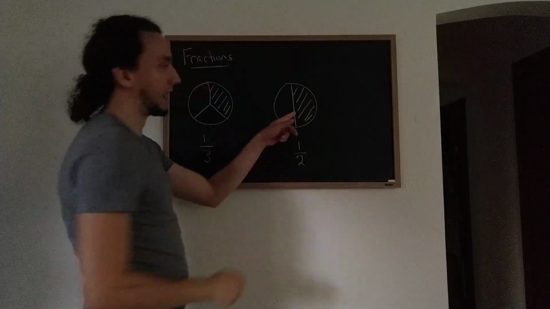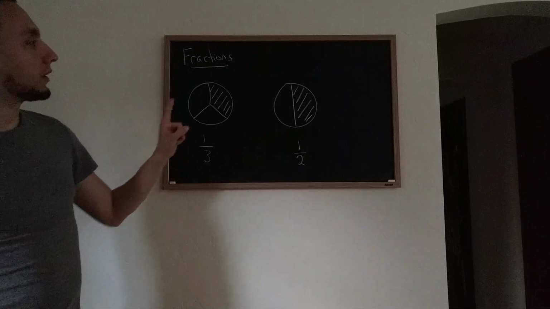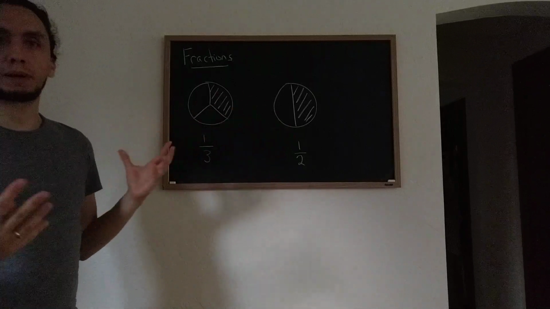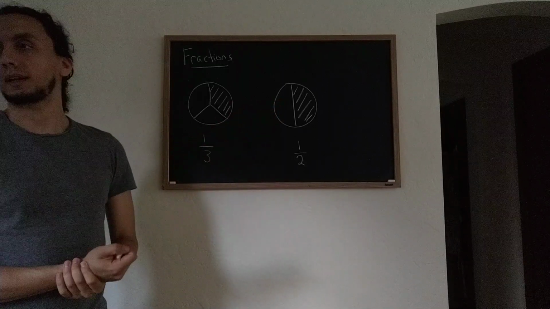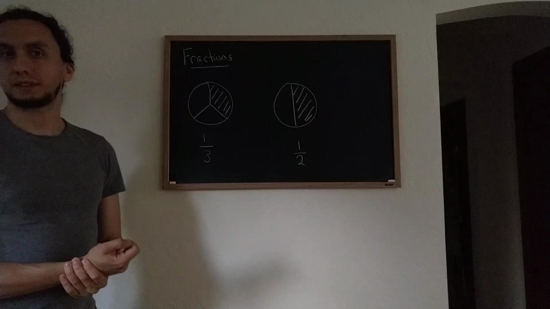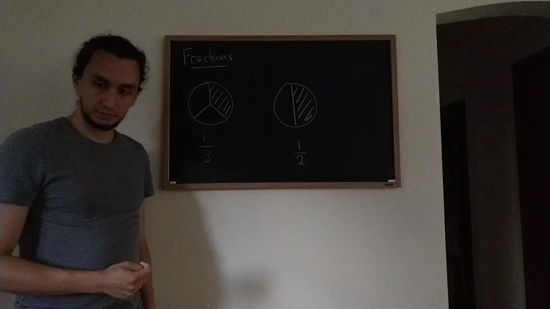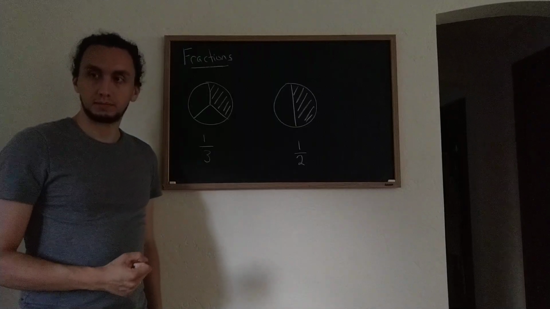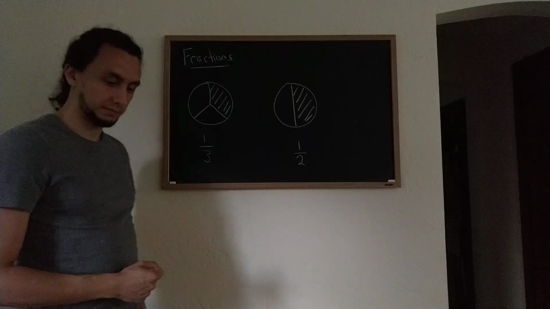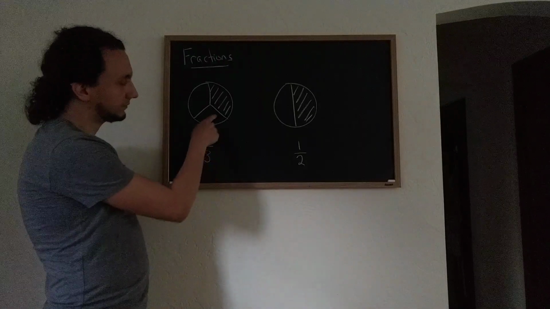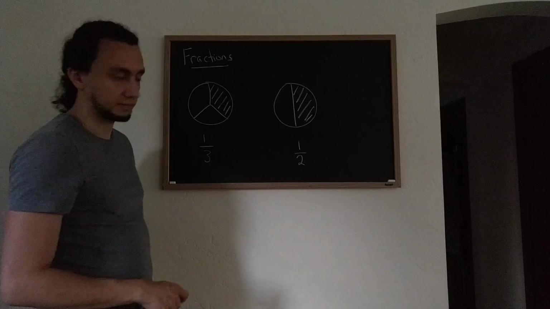Okay, now I have a question. Here's 1/2. We saw that already, right? What's bigger, 1/2 or 1/3? Which one's bigger? A half is bigger. And how do you know that? Because a half is bigger because a half is like, well, that one, the third, there's only a little bit of space.